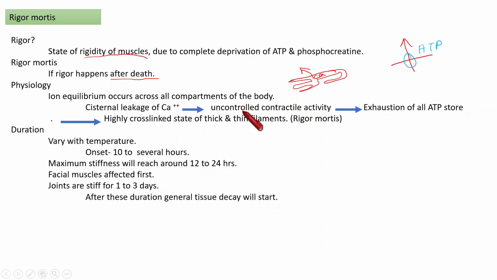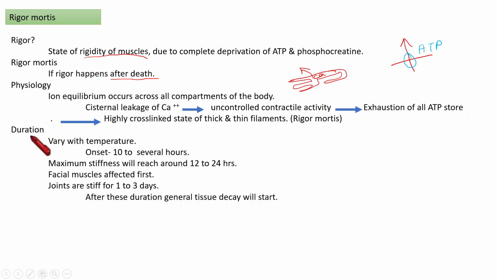As that uncontrolled contractile activity starts, it leads to the exhaustion, complete deprivation of the ATP store. As there is no ATP, it is not possible to release the cross-linking between thick and thin filaments. And that highly cross-linked state is called rigor mortis, stiffness. I think it is clear.